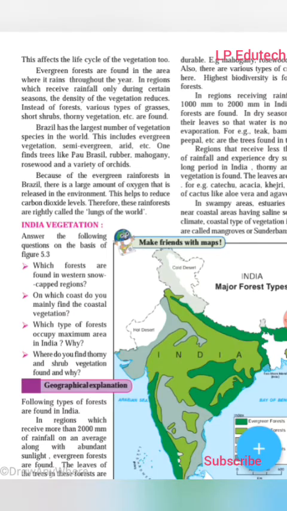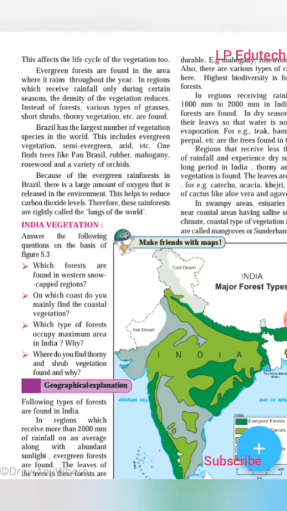So evergreen forests are found in the area where it rains throughout the year. In regions which receive rainfall only during certain seasons, the density of the vegetation reduces. So it is very normal. Where the rainfall is high, we can find much vegetation and wildlife, and when it rains only in certain seasons, the density of the vegetation reduces.